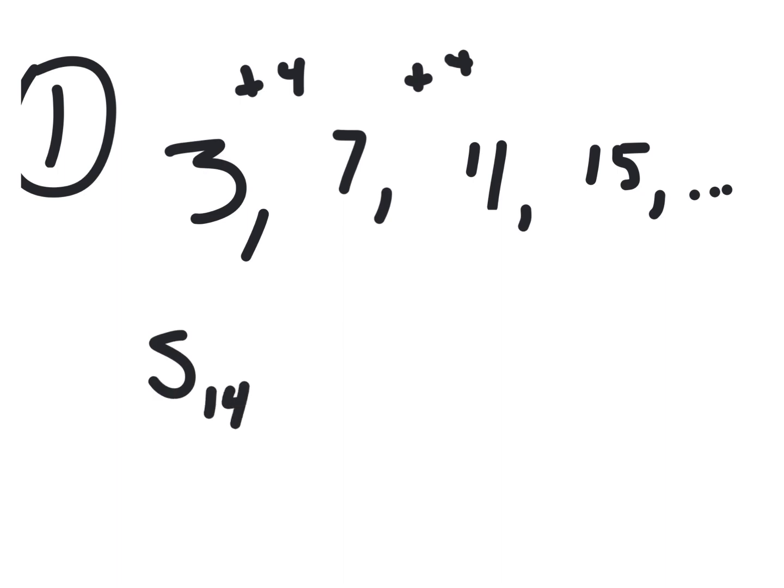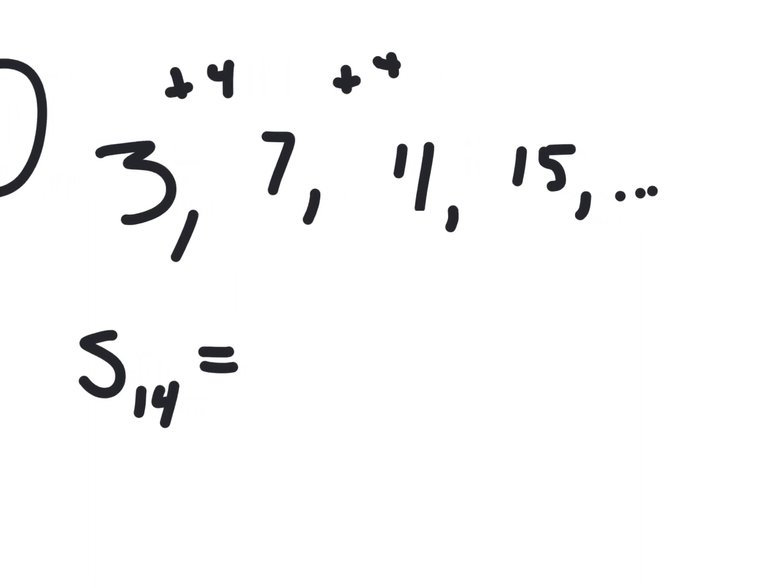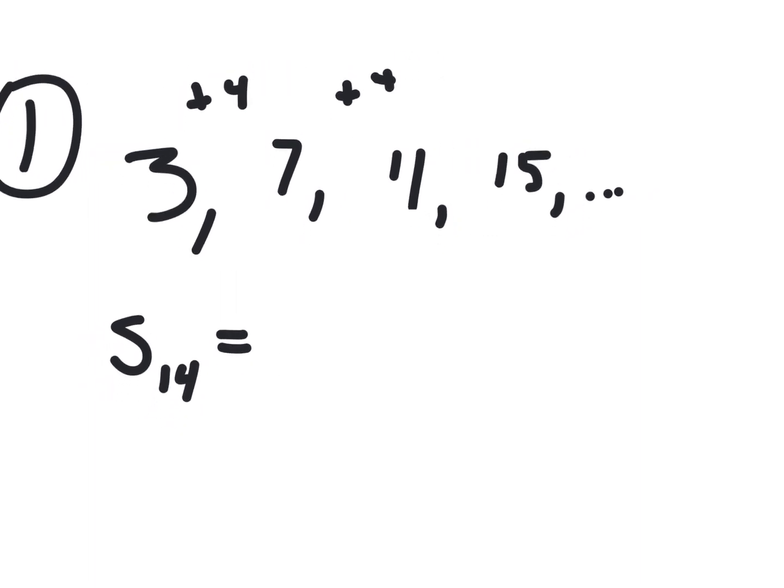S sub 14. That means the sum of the first 14 terms. Noah, it's a big nasty formula. Is this arithmetic or geometric? Look it up on your sheet. It is arithmetic. Noah, could you read me the formula? It starts with S sub n, which is S sub 14. Keep going.